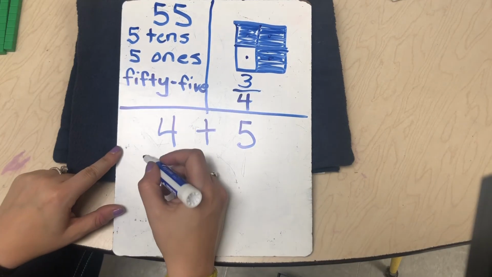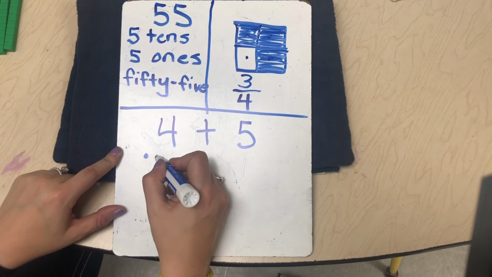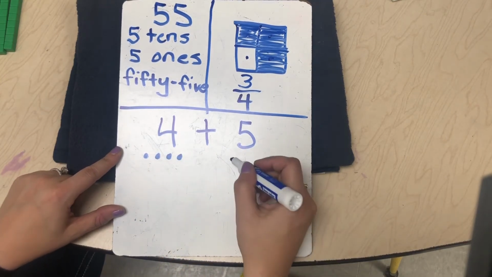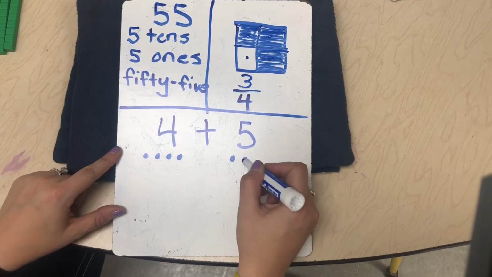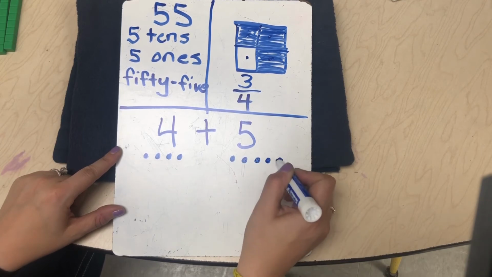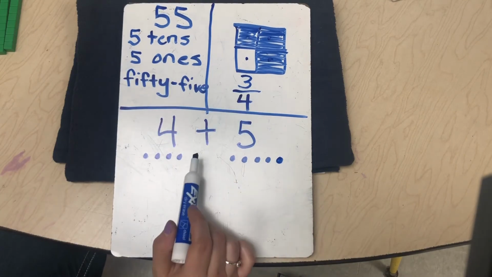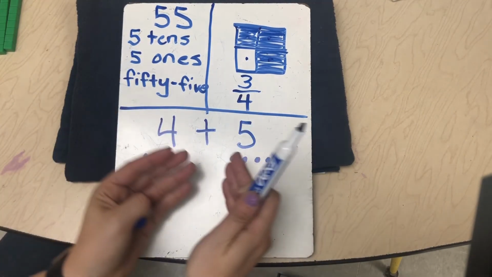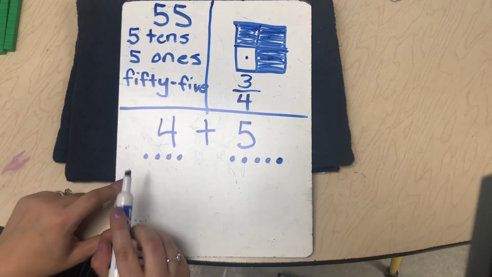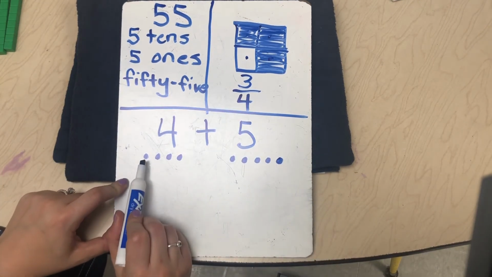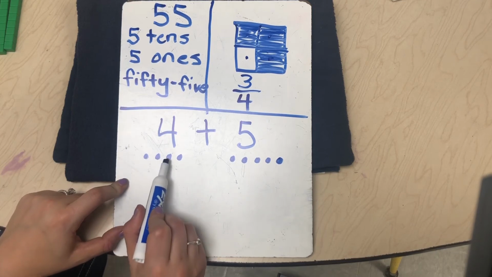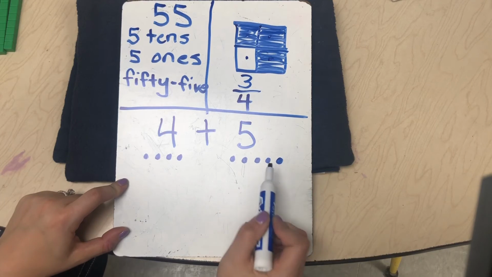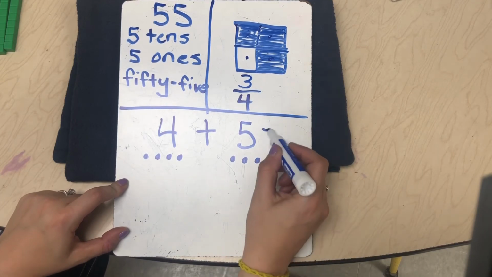Okay, for 4, you can draw 4 dots. 1, 2, 3, 4. For the 5, you can draw 5 dots. 1, 2, 3, 4, 5. So 4 plus, for your plus sign, you're combining the amount of dots and your numbers. You're combining all of those together. So you want to count them all together. 1, 2, 3, 4, 5, 6, 7, 8, 9.